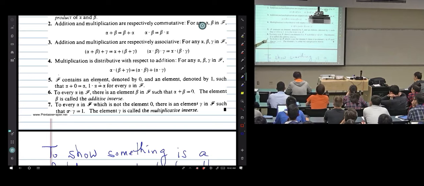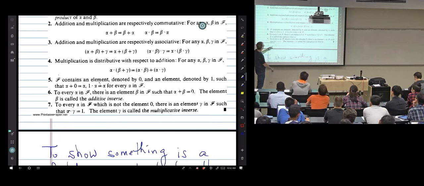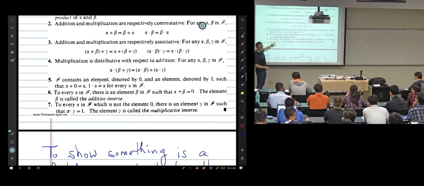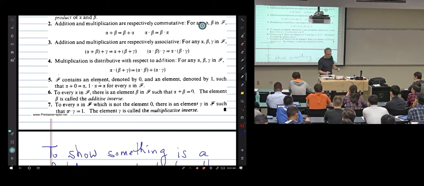What about 7? Yeah. What's the multiplicative inverse of 2? It's a half, we think, but there is no element in the integers such that I can form this. That's okay. I don't really say half is not an integer, but there's no integer. Okay, so it fails 7.